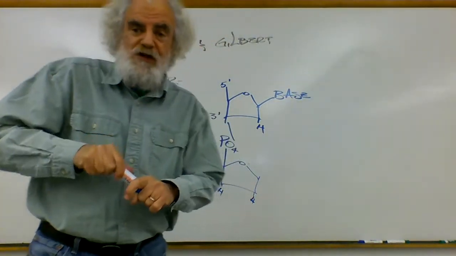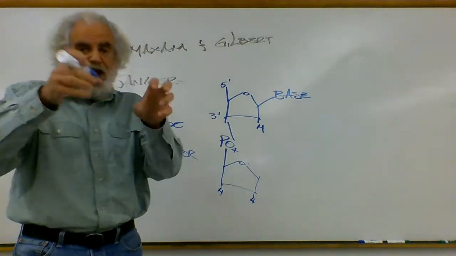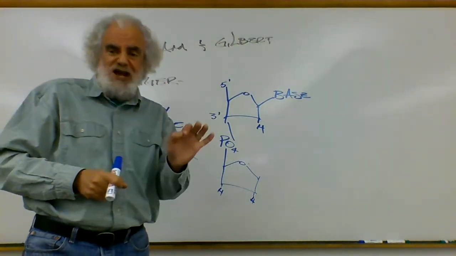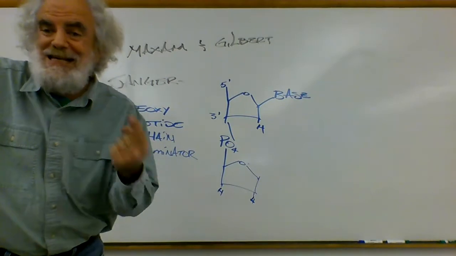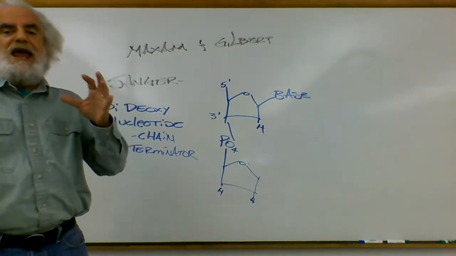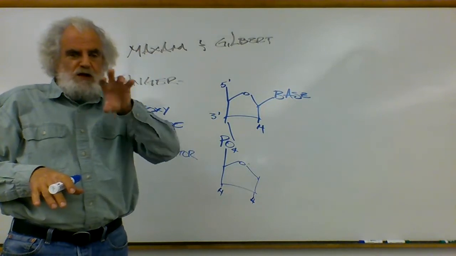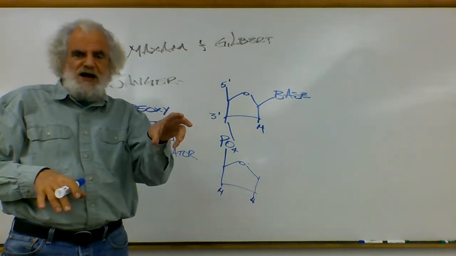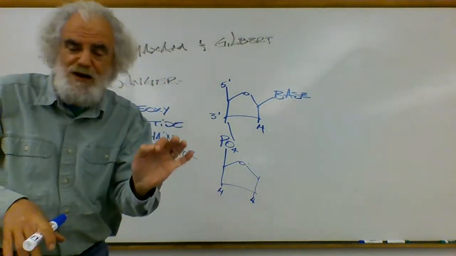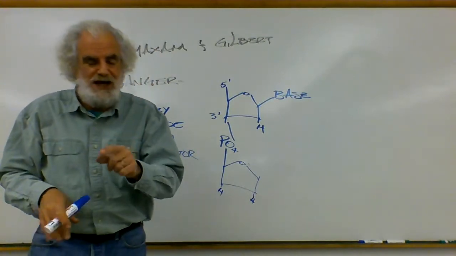Now, rather than using chemicals to break apart the nucleotides, Sanger sequencing is using DNA polymerase and a mix of standard deoxynucleotides and then a very small amount of a dideoxynucleotide.